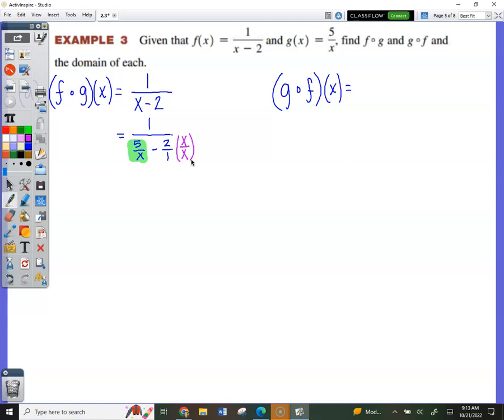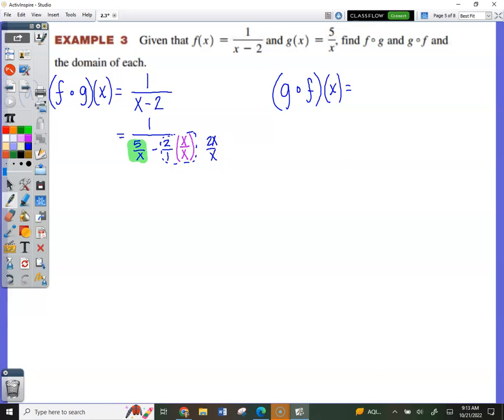Now I can see this is fixing to have a common denominator. All right? What would it be if I just multiply straight across? I'm going to dot it and say that is going to actually be 2x over x. Do y'all see that? x over x. You see that?